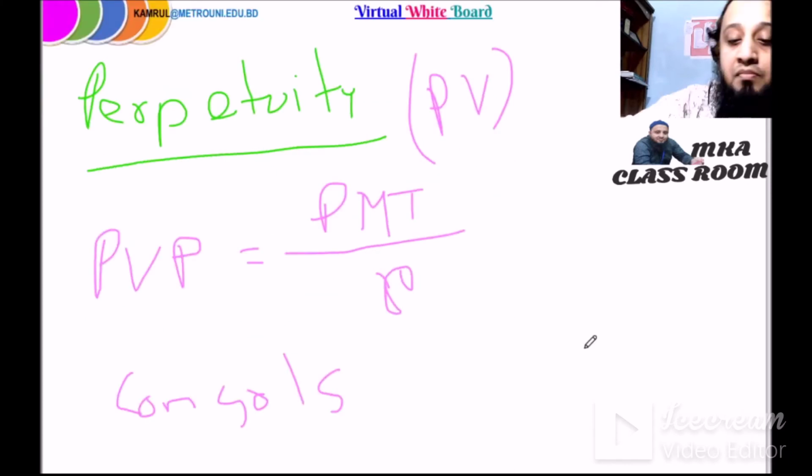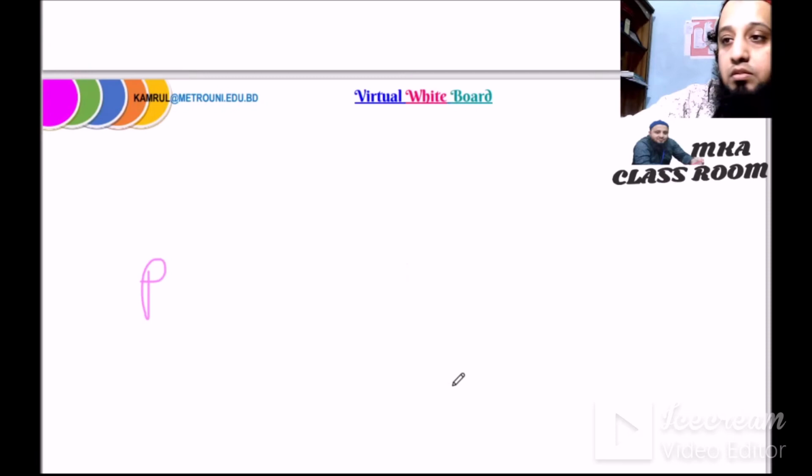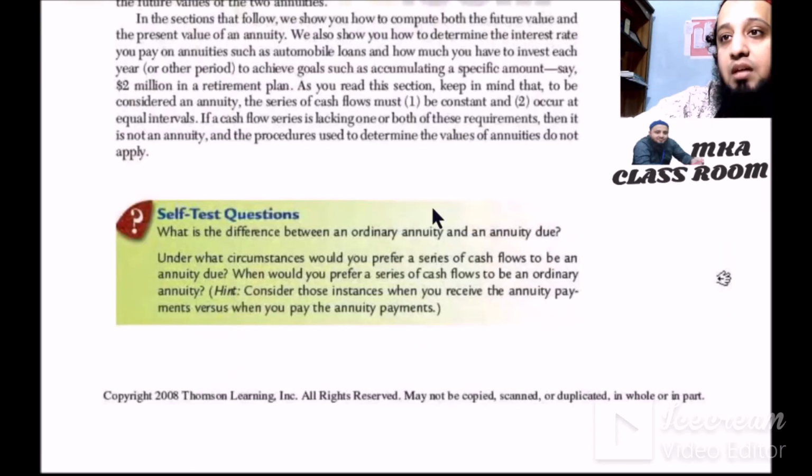As an example, what would each bond be worth if the opportunity cost rate or discount rate was 5%?